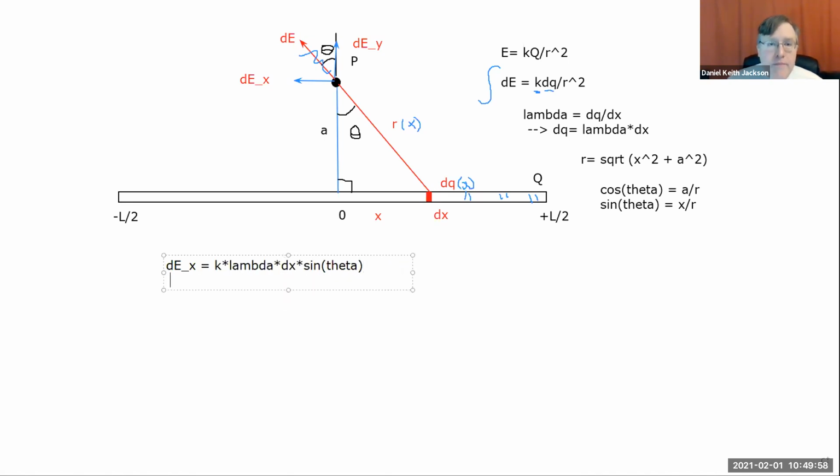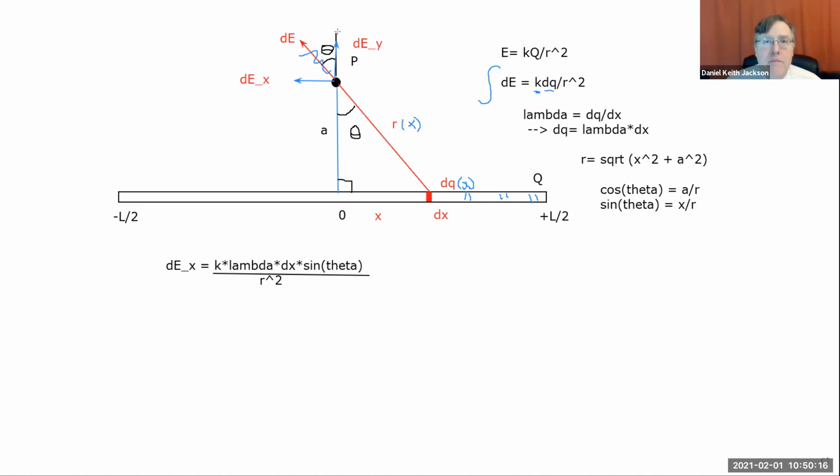All right. So I've converted my dQ. I still need to convert my lambdas.